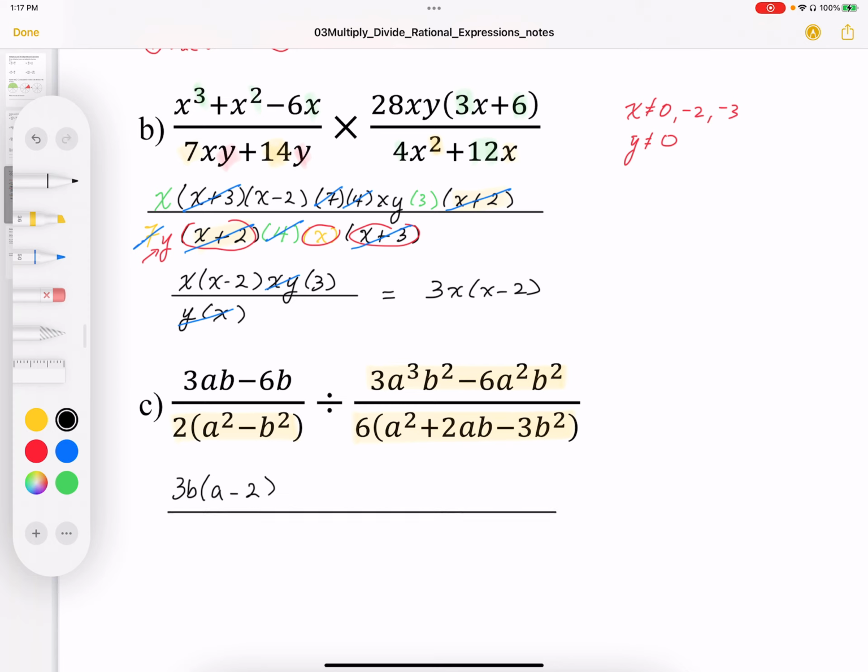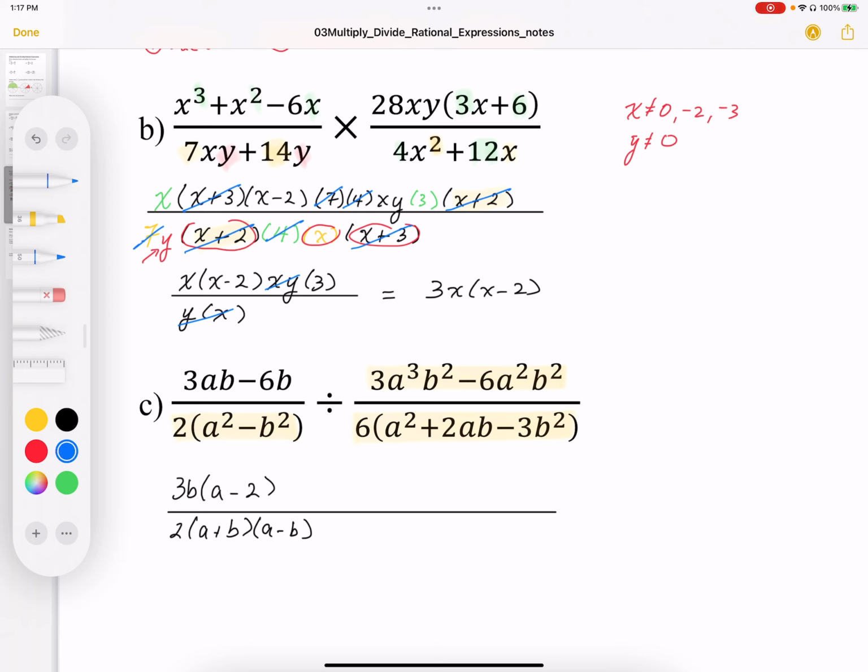So I've got my denominator is going to be 2. That's a difference of squares, so it's going to factor into a plus b, a minus b. Since that divide's going to flip that fraction, all those parts are going to end up in the numerator.